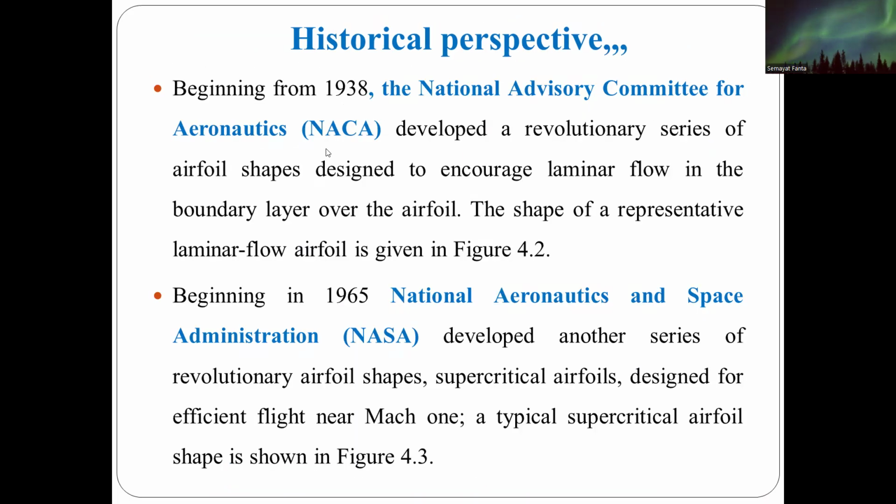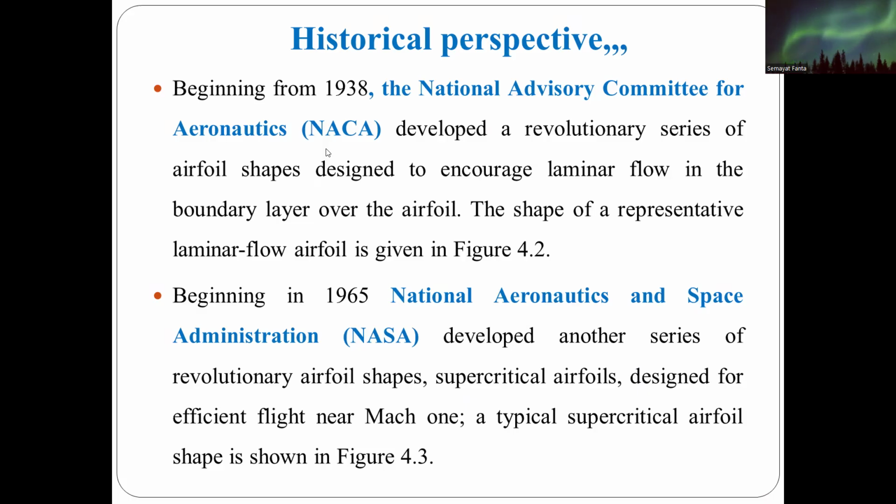Okay, so beginning from 1938, the National Advisory Committee for Aeronautics, which is NACA, developed a revolutionary series of aerofoil shapes, which is designed to encounter laminar flow in the boundary layer. Again, beginning in 1965, NASA, that is National Aeronautics and Space Administration, developed another series of revolutionary aerofoil shapes, which are supercritical aerofoils, which are designed for efficient flight near Mach 1.